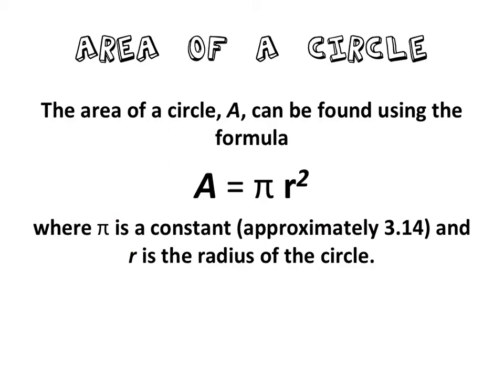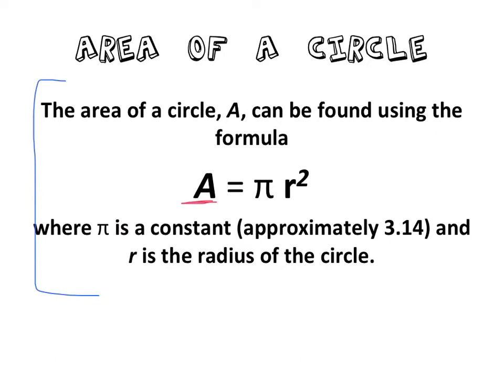The area of a circle can be calculated using a formula. Like with all those other shapes that we were working out the area of, we usually started our formula with the letter A. So if you want to write down under a heading, area of a circle, you can write the following words down. The area of a circle, or A, can be found using the following formula.